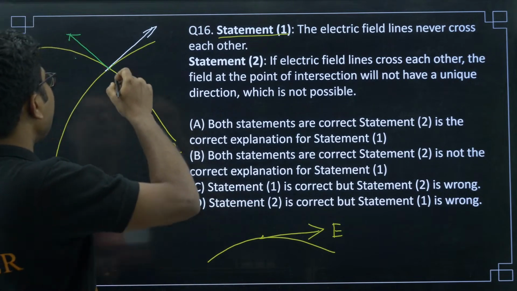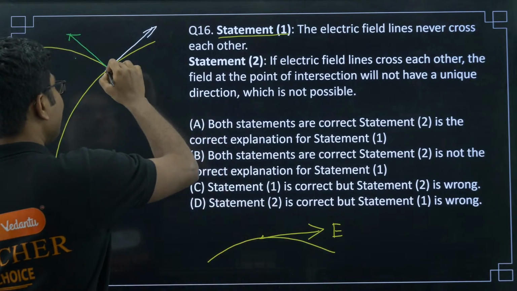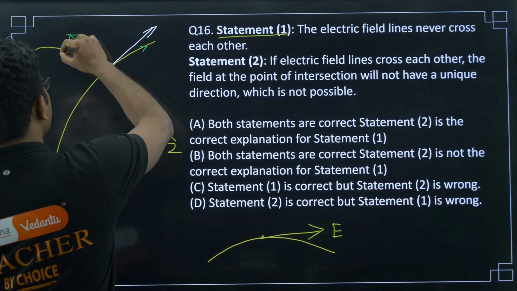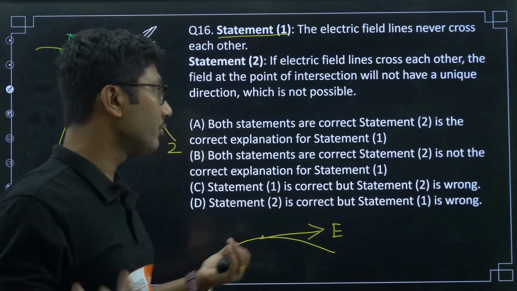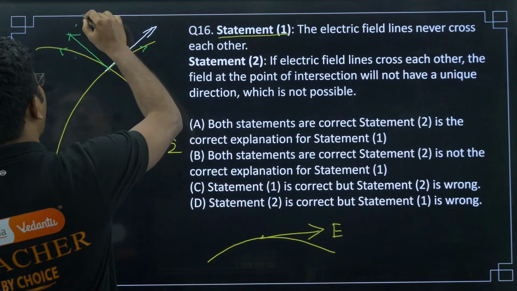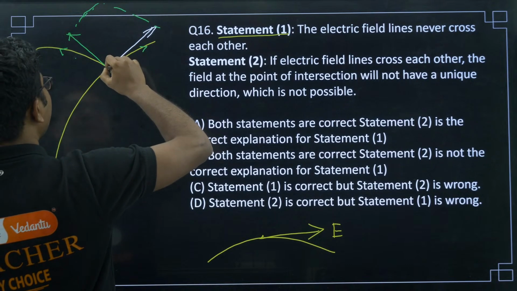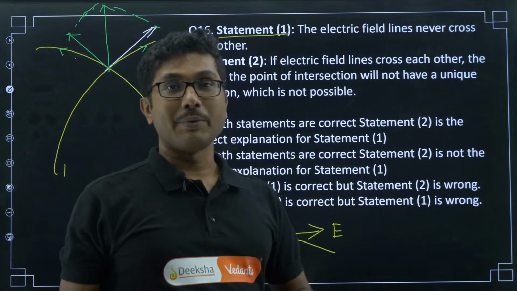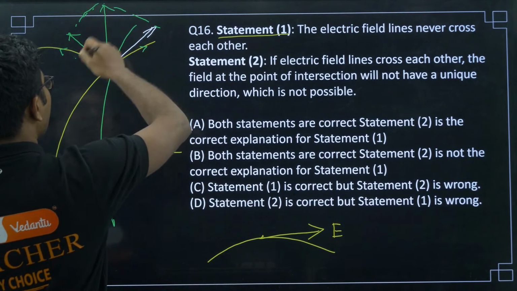So, that means that if they were to cross each other, the electric field would no longer be a vector quantity, but that is not possible. Electric field is a vector, we already know that. And in fact, what will happen, which no one talks about, is that even if there were two electric fields previously, the final electric field will be the sum of these two.